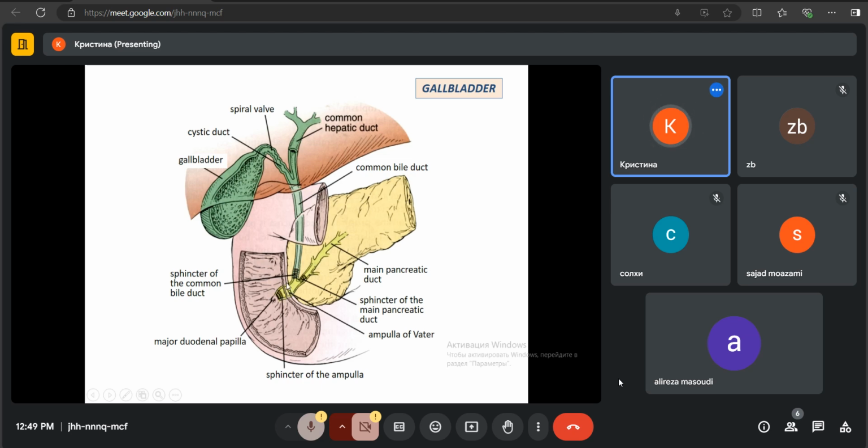It is not very large, so the stone can get stuck in this position, and it will not let the bile come through the duct into the duodenum. It will also interrupt the coming of enzymes from the pancreas into the duodenum, and it can cause necrosis processes in the pancreas, because there will be enzymes which are able to digest any organic materials, including the cells of the pancreas itself.